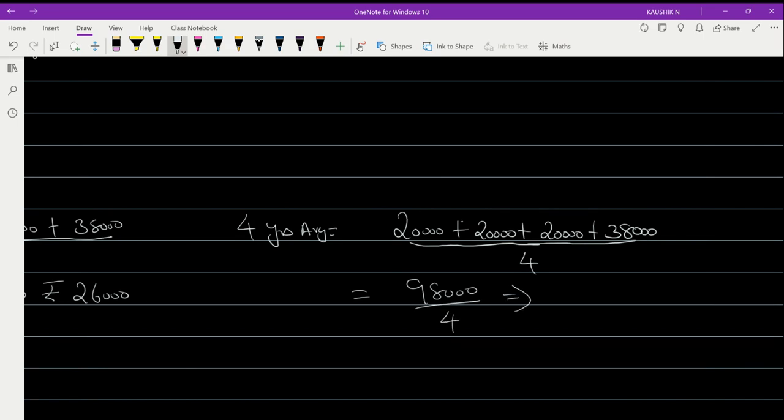When you do this division, how much do you get as your average? 98,000 divided by 4 is 24,500. Very good. Rupees 24,500.